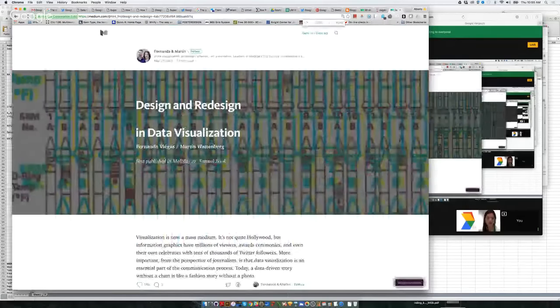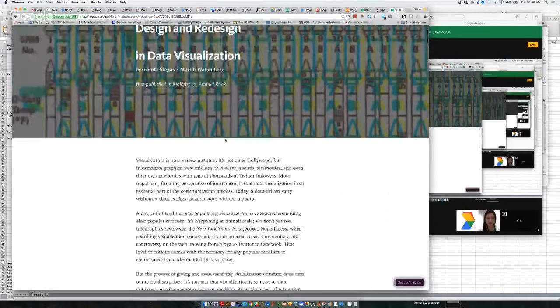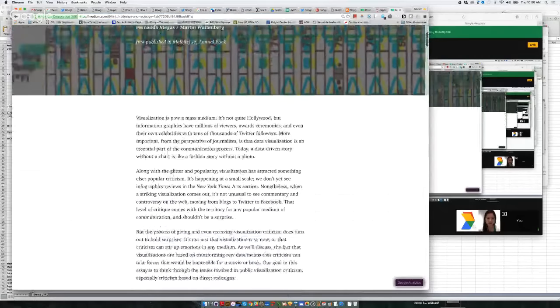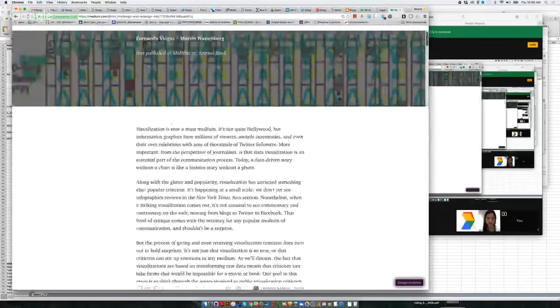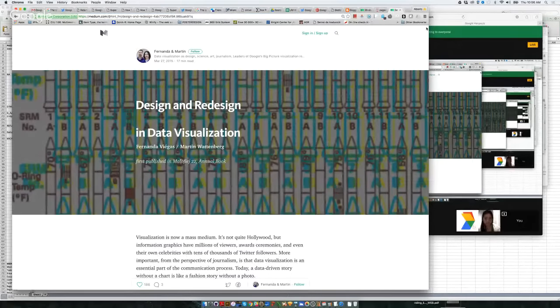And they actually talk about this tradition of constructive criticism and constructive redesign in data visualization. They stress the importance of being constructive because in the past we have found examples of destructive redesigns, meaning destructive criticism, saying basically, this graphic that this person has published is really, really bad, but then whoever wrote that article didn't really propose an alternative.